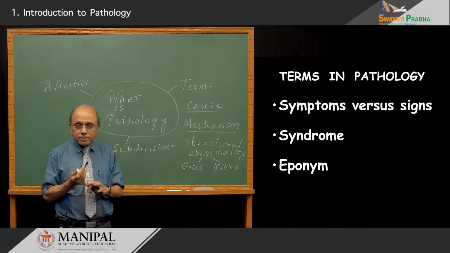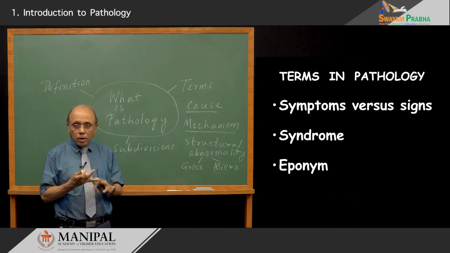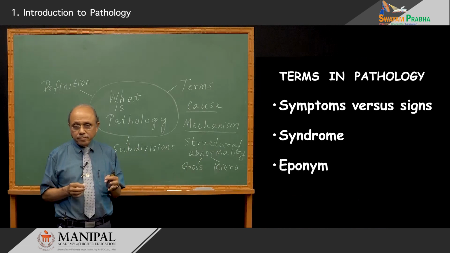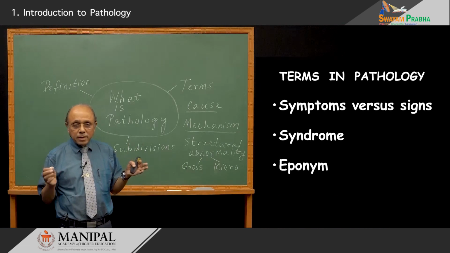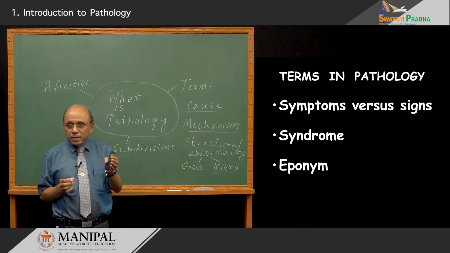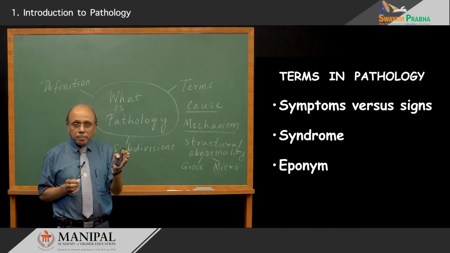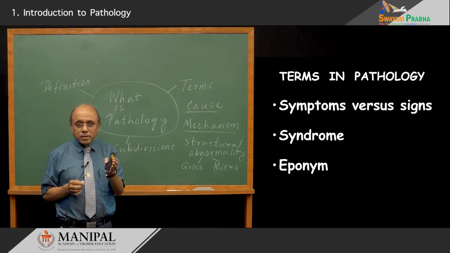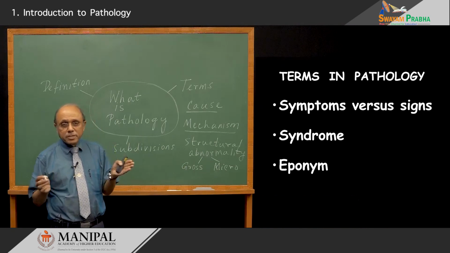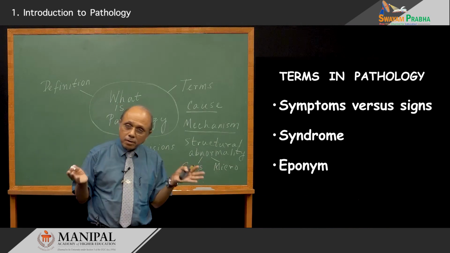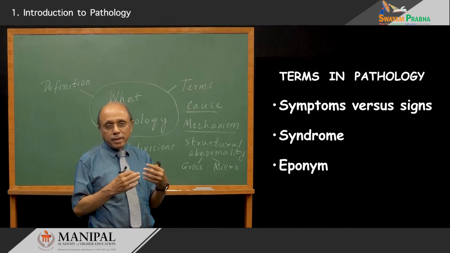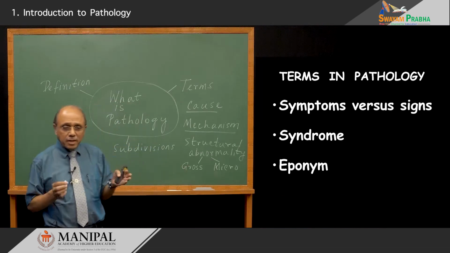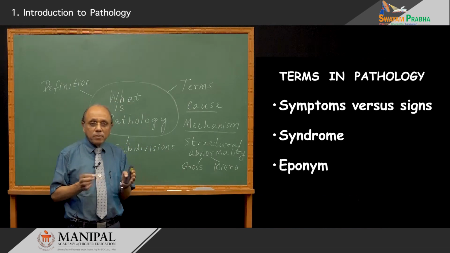So, it could be a place, it could be a person, Hodgkin's disease. So, all these indicate that a person's name or a place name is associated with that particular manifestation or disease or symptom or sign. So, it could be anything, but essentially the word eponym is used when we link it.